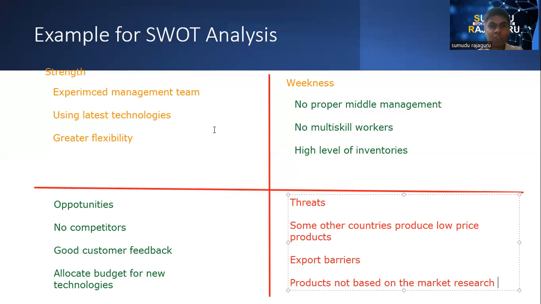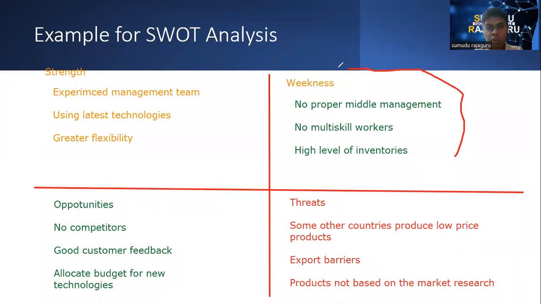Now you can understand, when considering organizations, how we write down strengths, weaknesses, opportunities, and threats. And keep in mind, if we want to enhance our organization, first we have to address the weakness part.